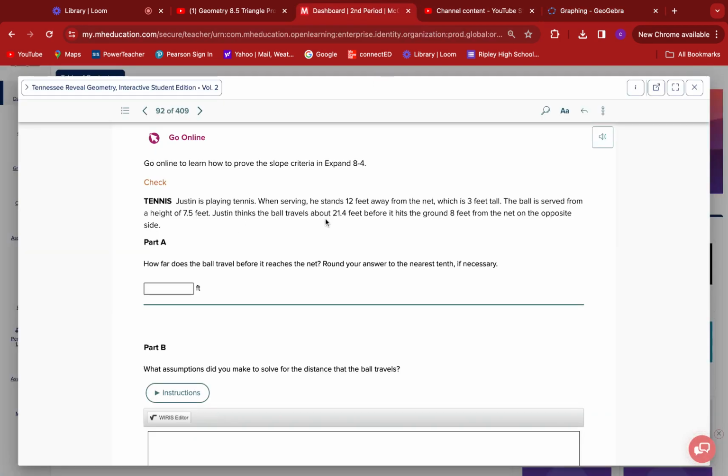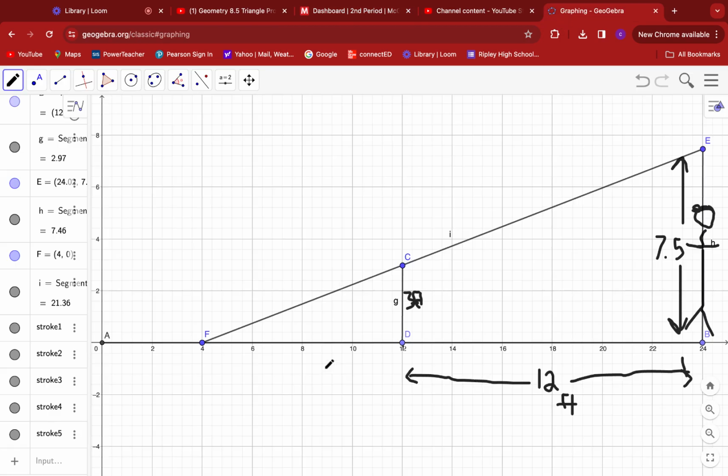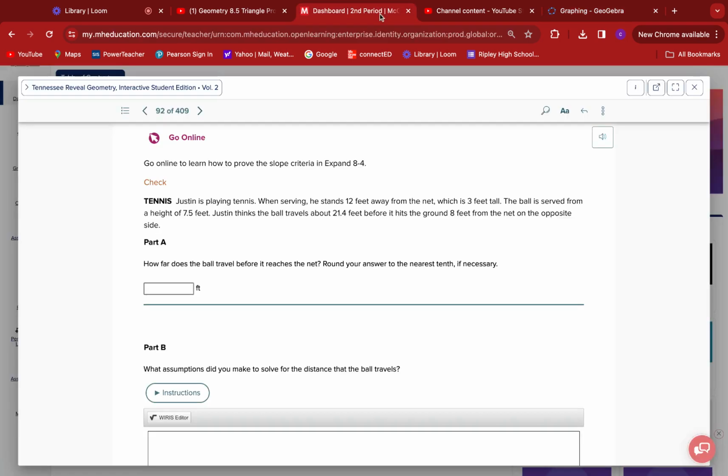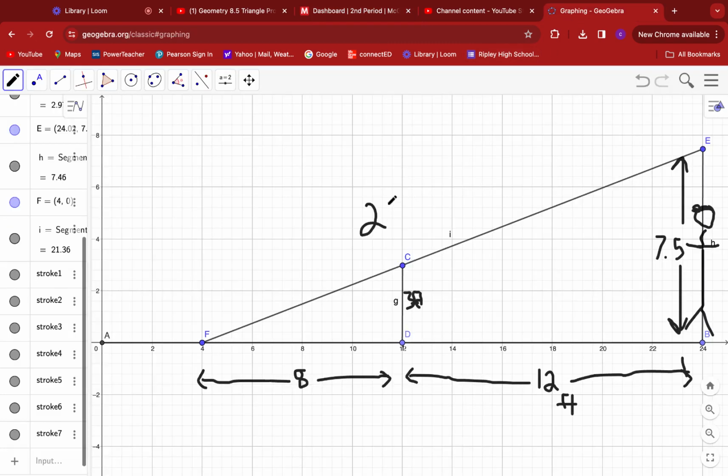Justin thinks the ball travels 21.4 feet before it hits the ground 8 feet from the net on the opposite side. So here's my 8 feet from the net on the opposite side, and the dude thinks that he smacks it 21.4 feet.